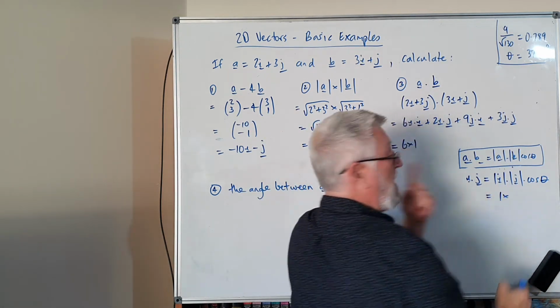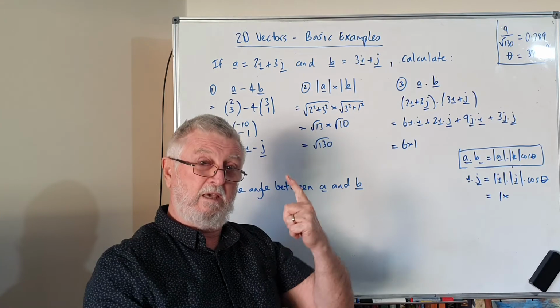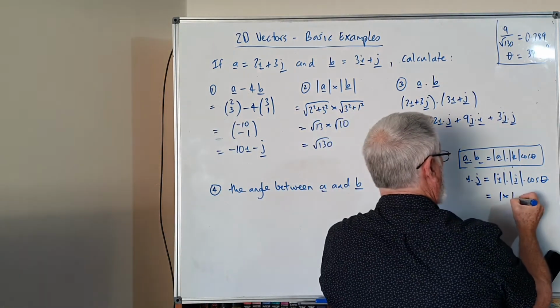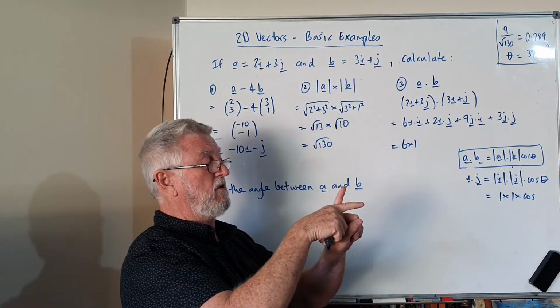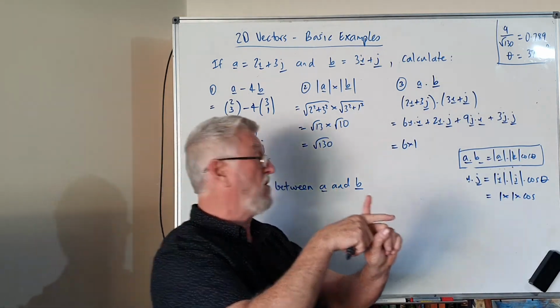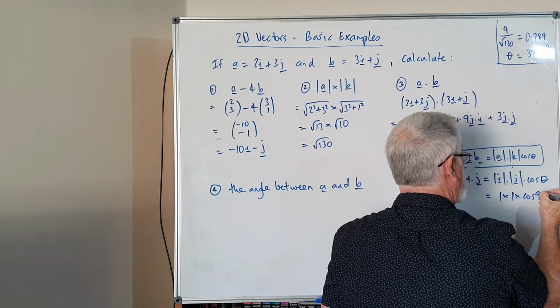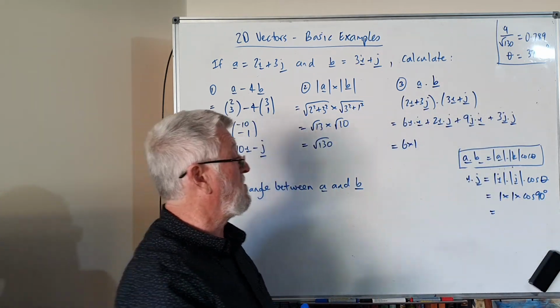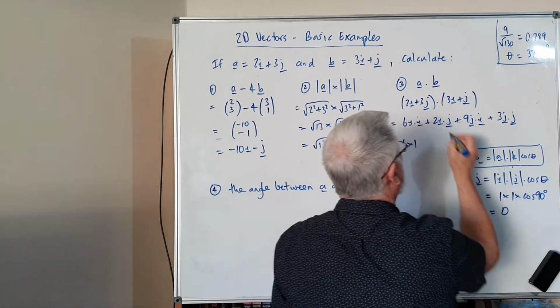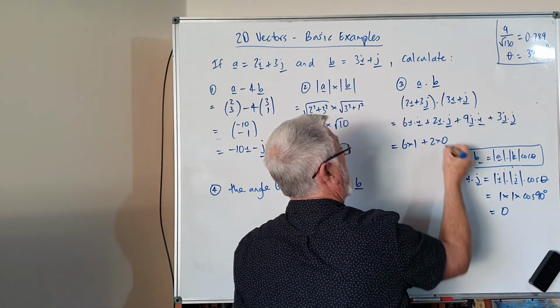By definition, the magnitude of j is 1 unit in the vertical direction. And this time we've got the cos of the angle between an i and a j. It's going to be 90 degrees. So again, this is what's interesting about using cos. The cos of 90, most of you will be aware, is 0. So this part becomes 2 times 0.